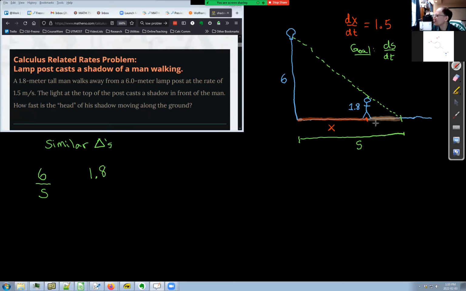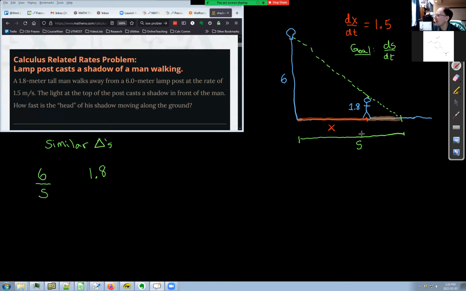There are two ways you could proceed here. One way is you could put in a variable, call this y, but I would not recommend that. It's not wrong, but it introduces a new variable that we don't really have any information about, and that's going to make our life complicated.